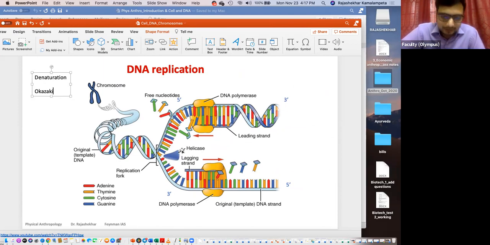While it continues, renaturation happens towards the back. So at one point of time, it will look like a bubble in the center. This appearance is called replication fork or replication bubble. If it is only opened up in the middle, both side ends are actually closed.